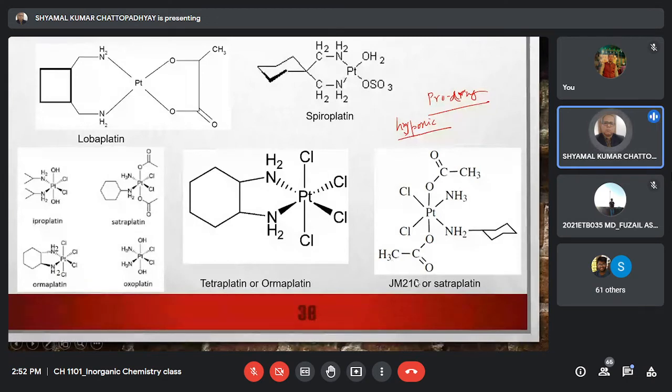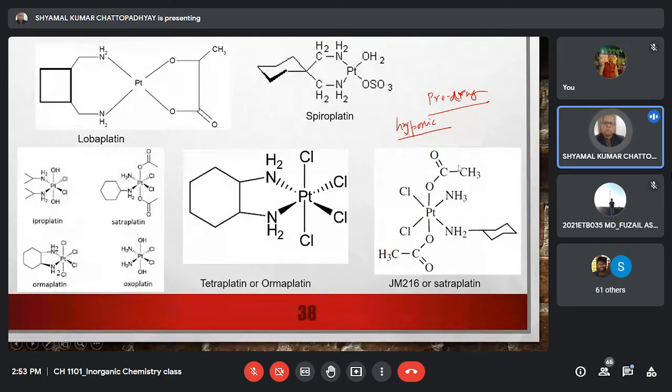Another importance of this GM216 or satraplatin is that it is one of the rare platinum compounds which has so much water solubility that you can take it orally. So it is the first platinum complex which can be orally administered, right?